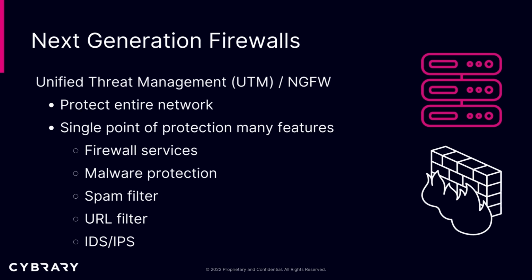And sometimes the next generation firewalls also have an intrusion detection system as well as an intrusion prevention system built right in. The next generation firewalls are a smarter, forward-thinking design, more preventative, blocking threats on the network before they come in.